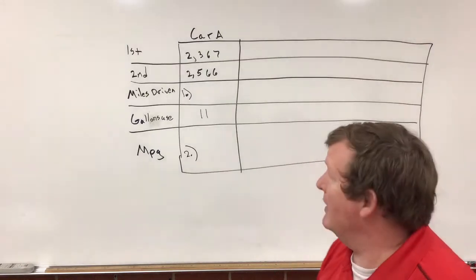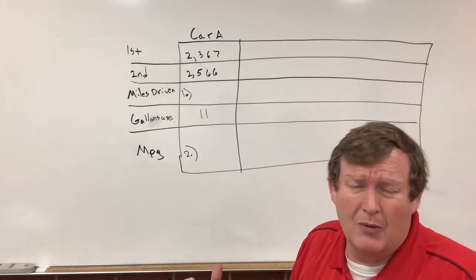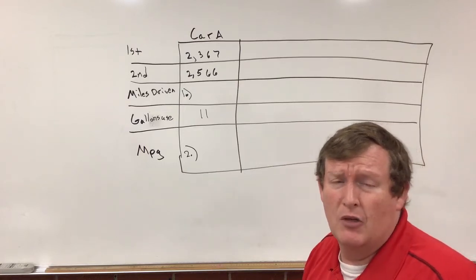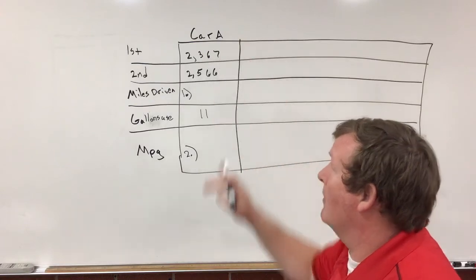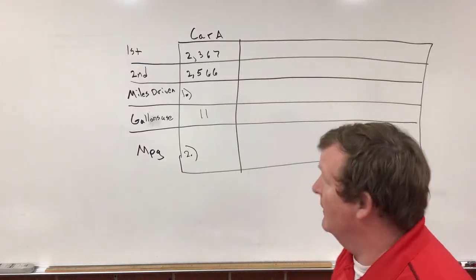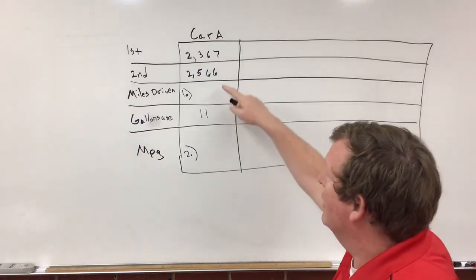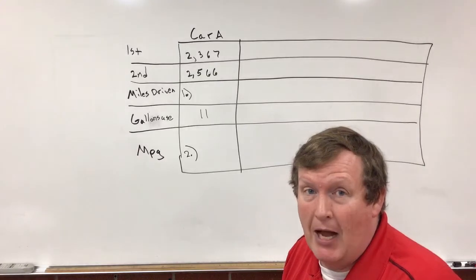We're going to do this a little bit backwards, but that's the way you would have to do it if you were figuring it yourself. You'd write down the initial odometer reading, the total miles the car already had, and after driving, you'd write down your ending miles.